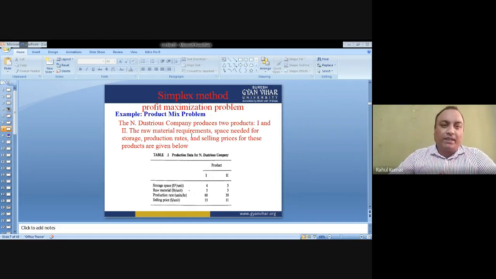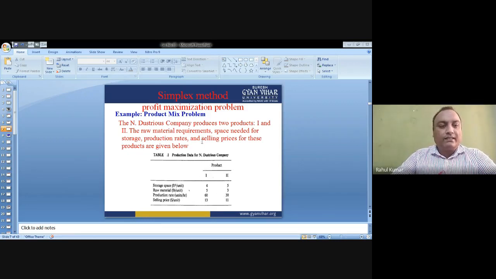The raw material requirements: first is the space needed for storage. The space needed for the first product is 4 and for the second is 5, right? And the production rate in units per hour is 60 for the first product and 30 for the second product, right?